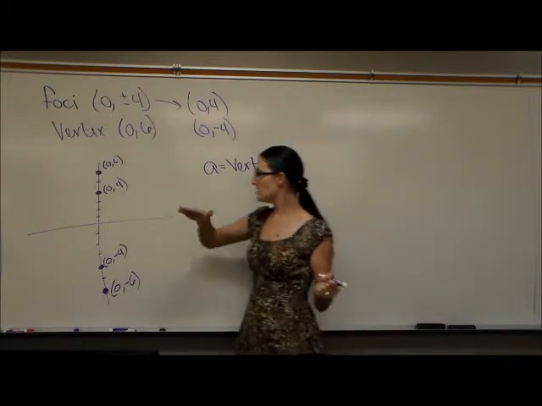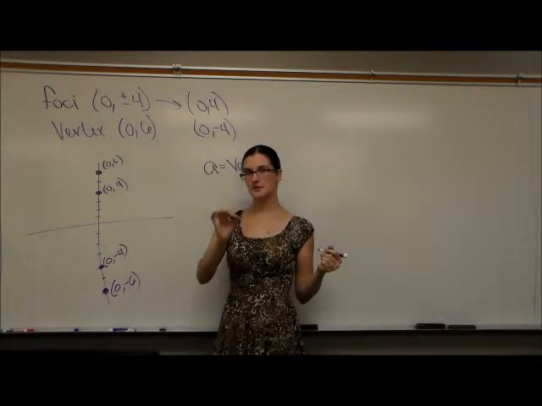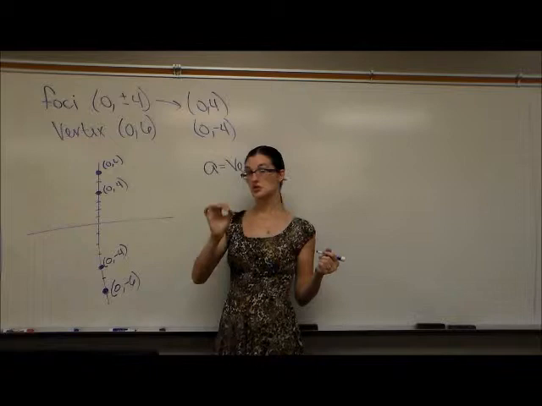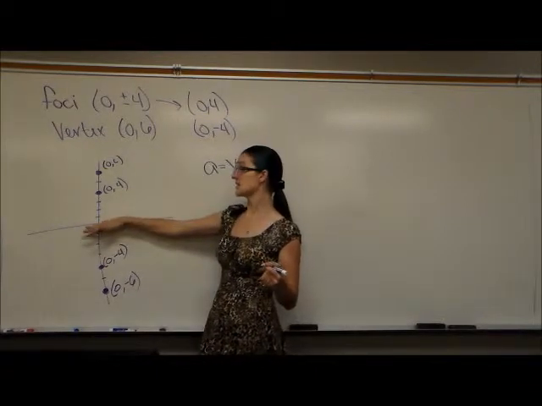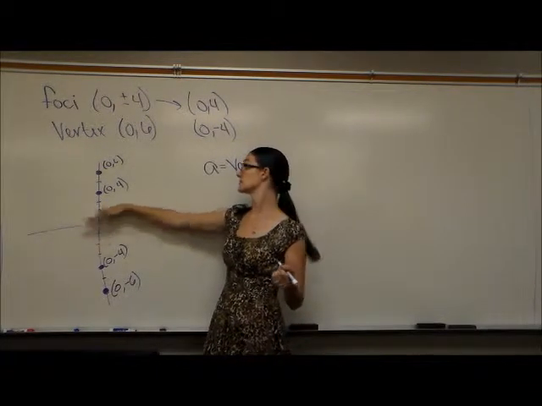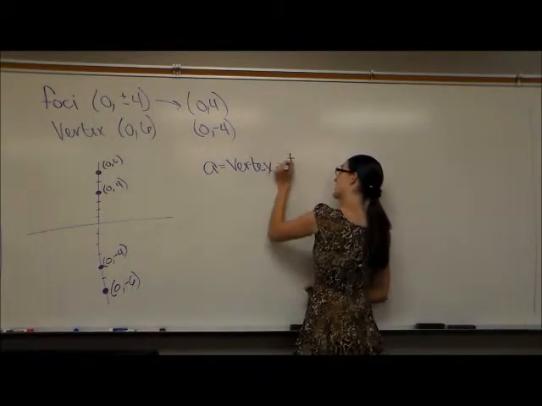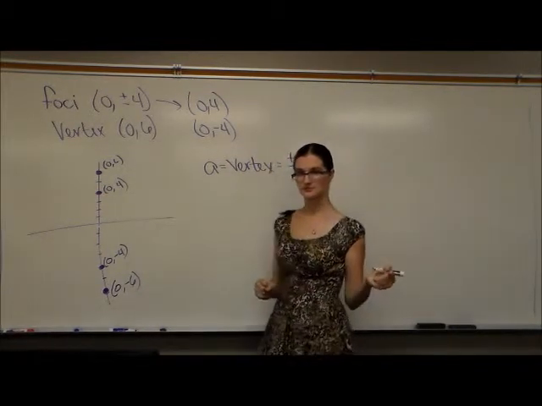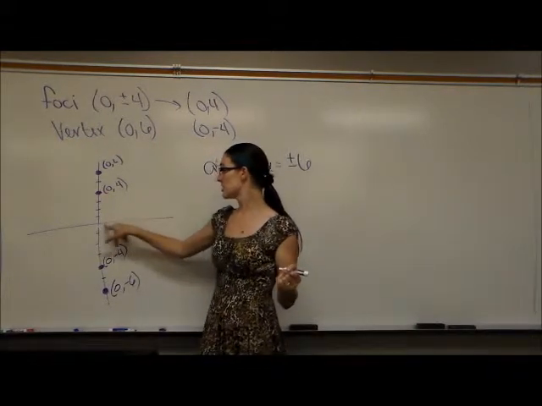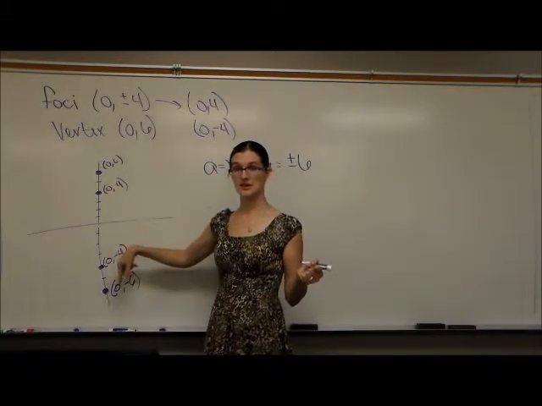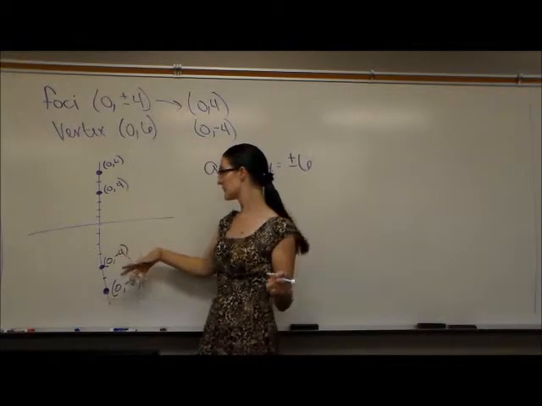And they want to know how far from the center of the ellipse is your vertex. So from the center, it goes up and down how many? It's up 6 and it goes down 6, right? So A is plus or minus 6. Because from 0, your vertexes go up 6 or they go down 6 to get both of them.